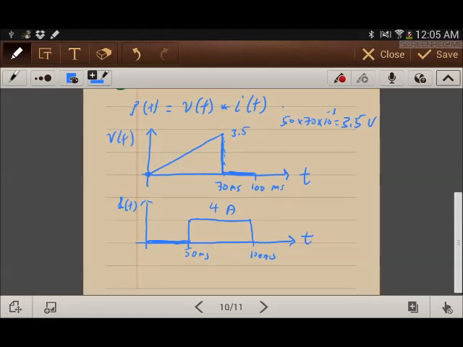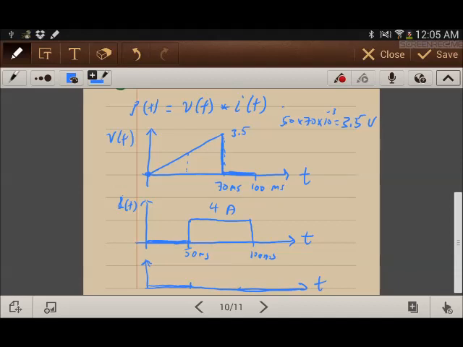To find the power, it is simply the multiplication of the instantaneous voltage by the instantaneous current. Between 0 and 50, the multiplication of voltage and current gives me 0.